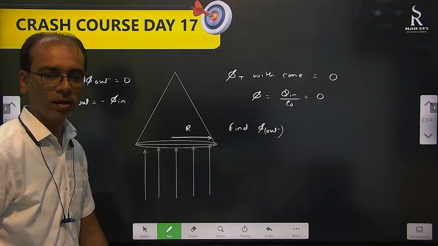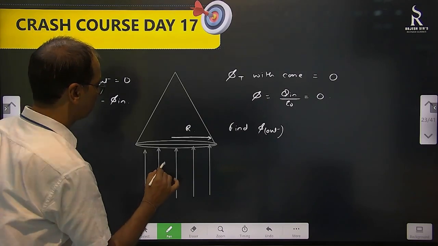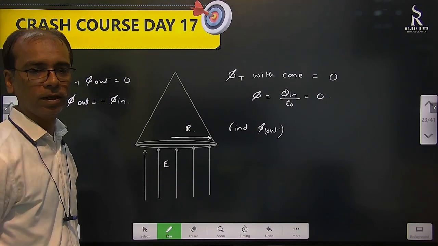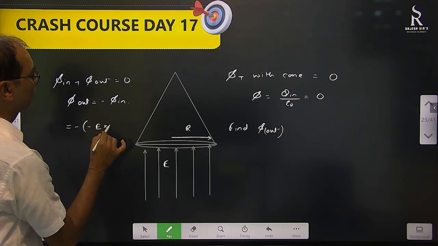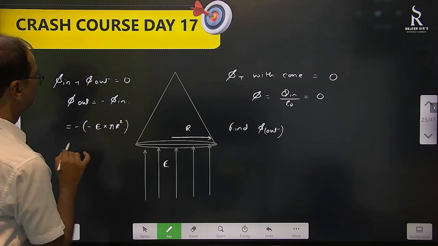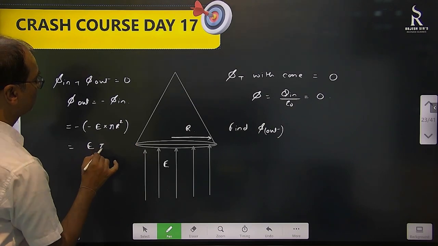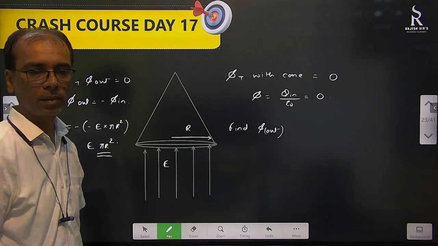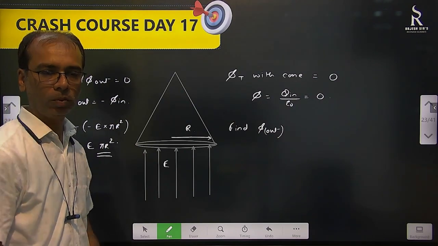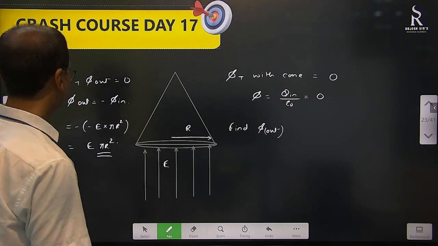We already calculated phi in: if this electric field is E, phi in is minus E into pi r square. So phi out is E into pi r square. Correct? No problem.